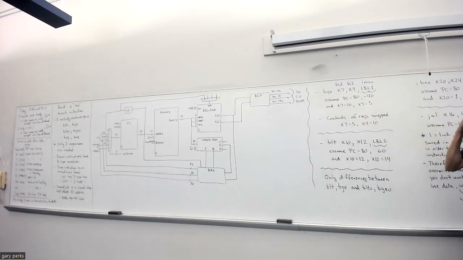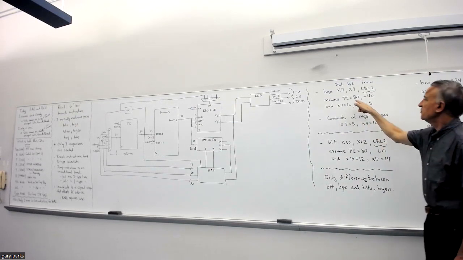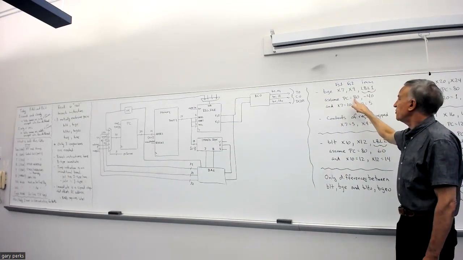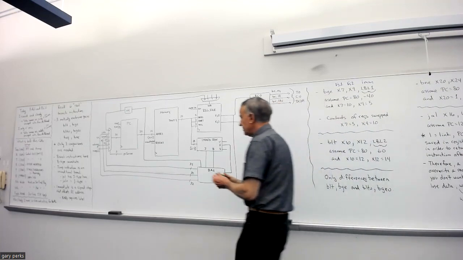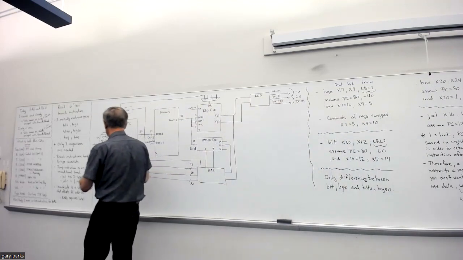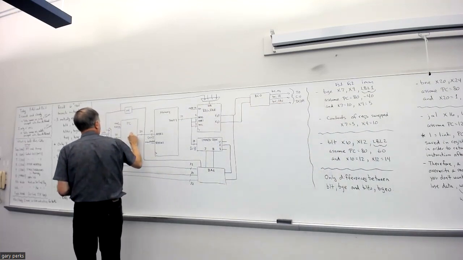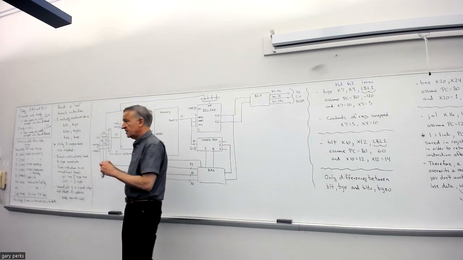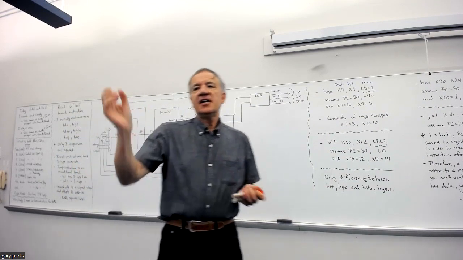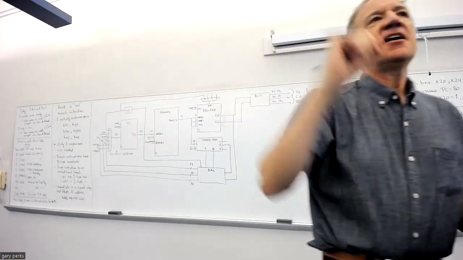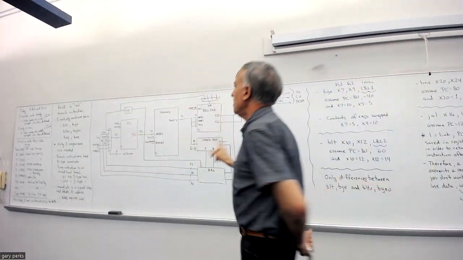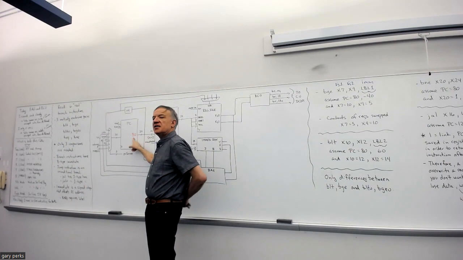So just to put some numbers to this as we go through the data path and control signals, we're just going to assume that the program counter is outputting 80. We got an 80 right there. So that 80 was just kind of picked out of the air, but what can we always say about this output of this program counter?